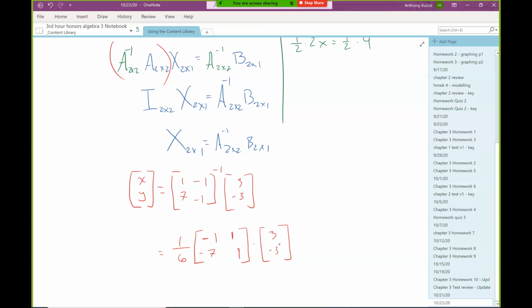Everybody okay with that? So notice the inverse symbol is gone because we've computed the inverse here. Now we have an option. Do you want to multiply the 1/6 into that first matrix, or do you want to multiply the two matrices together? Which one would be easier to do first?